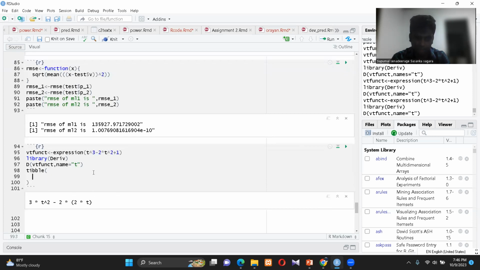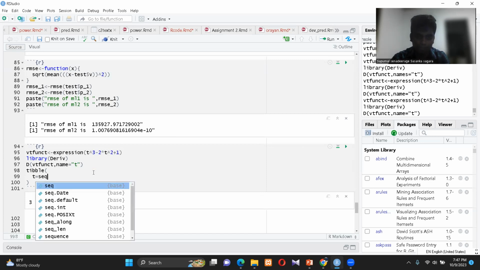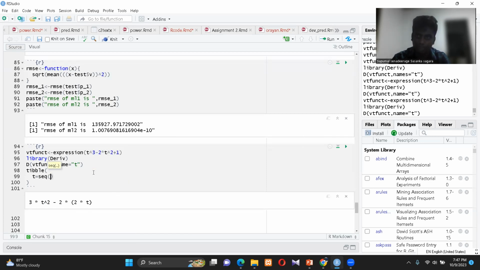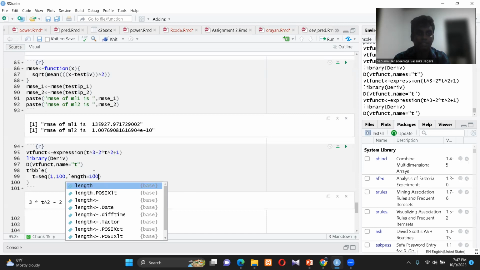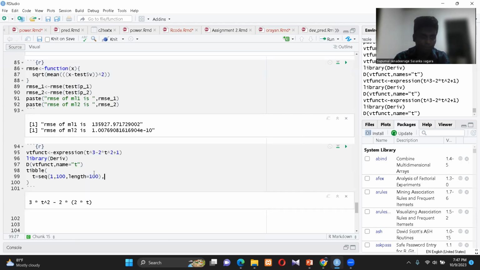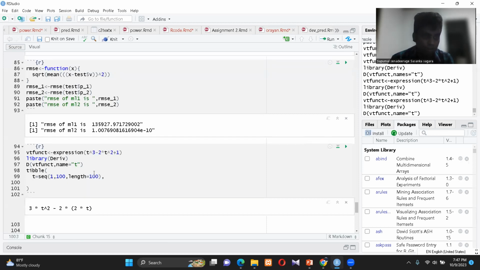Time equals, let's build a sequence from 1 to 100, with length set as 100.